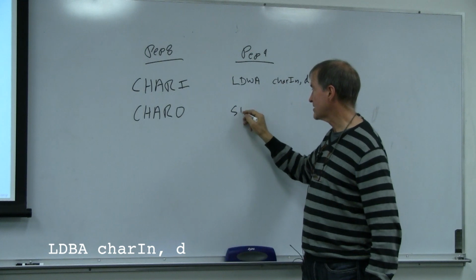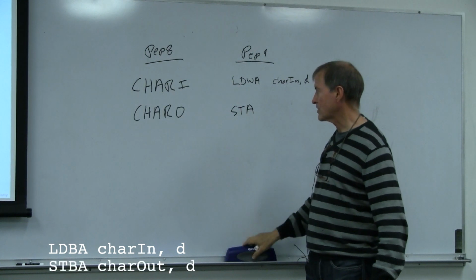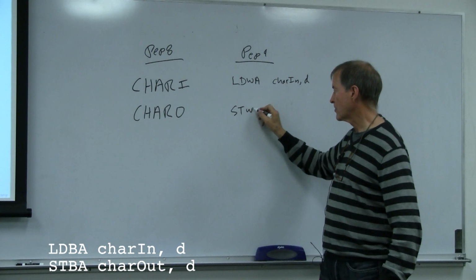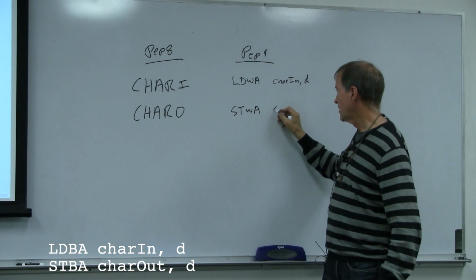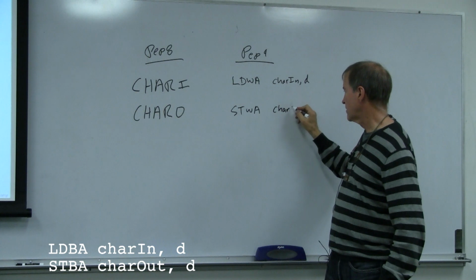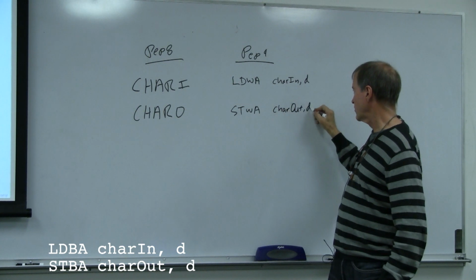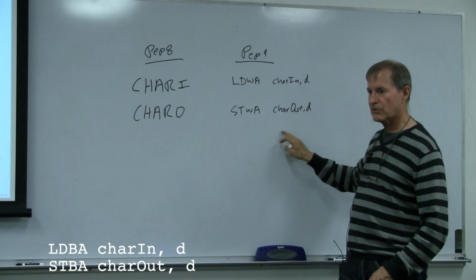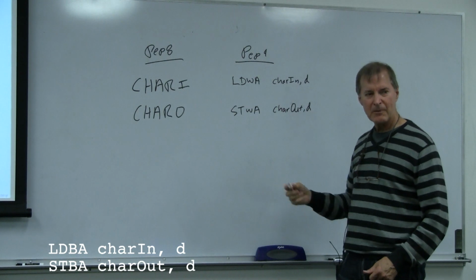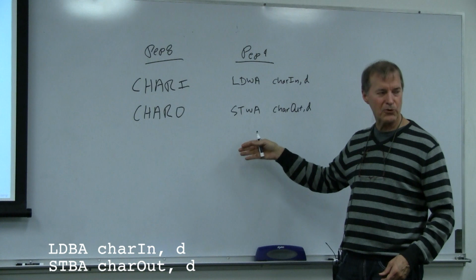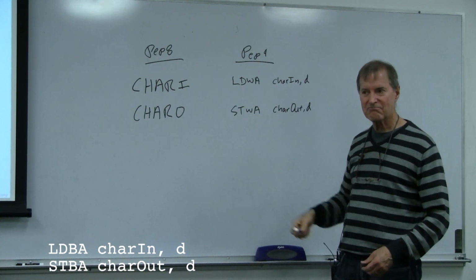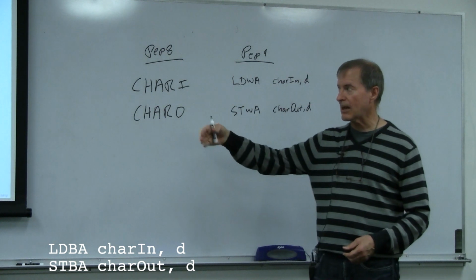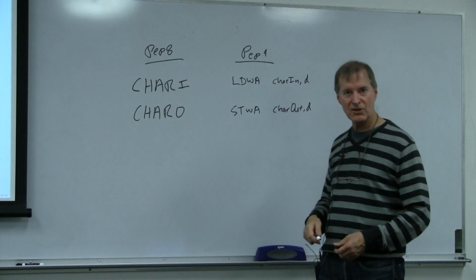Instead of STA, like it was in Pep/8, in Pep/9 the mnemonic is store word accumulator, and this is to charOut, direct. So these are two differences between Pep/8 and Pep/9. But we're not going to deal with programs at that level, so this is not going to concern us very much, because we're more interested in how the CPU itself is organized.